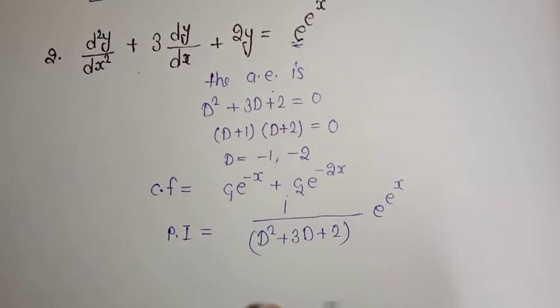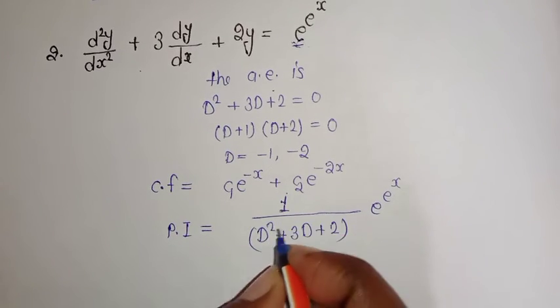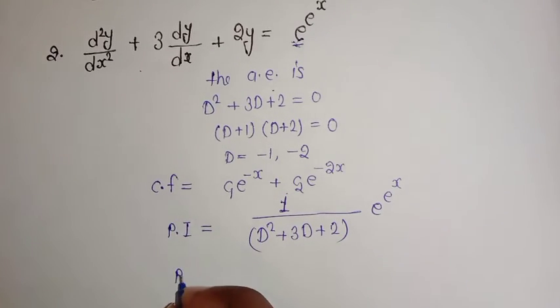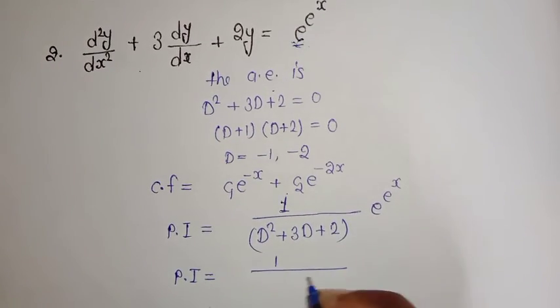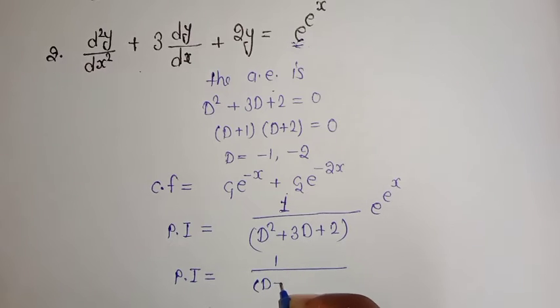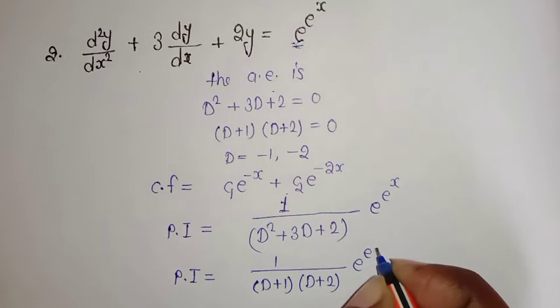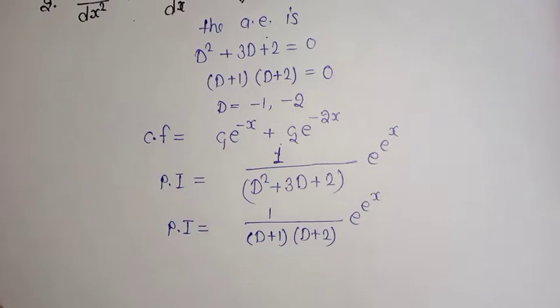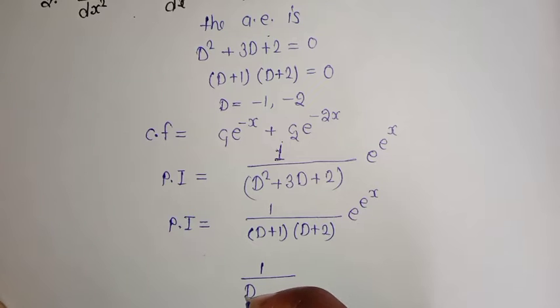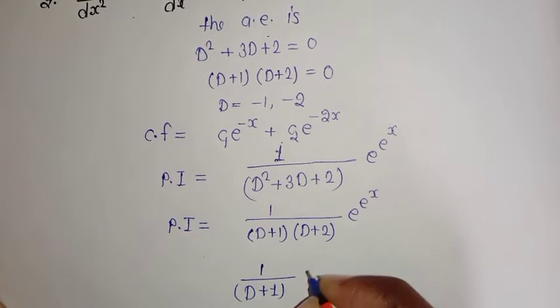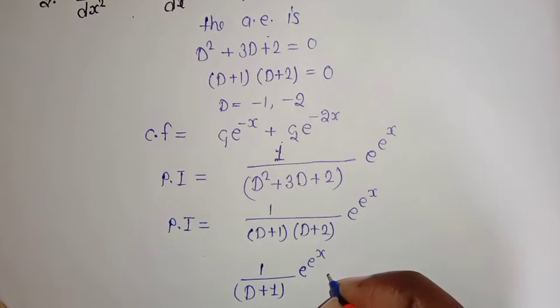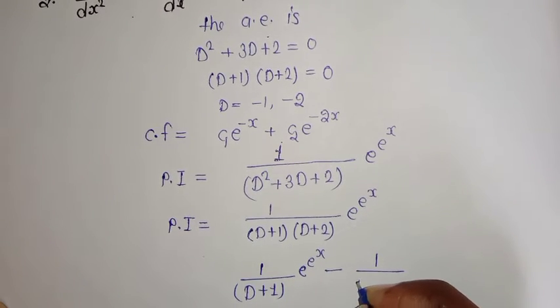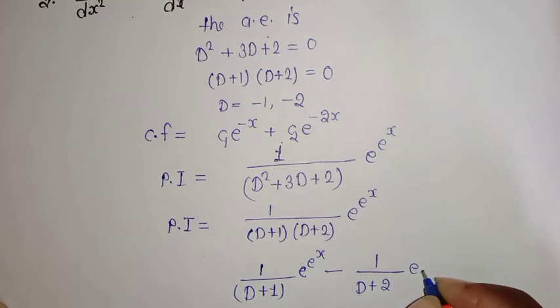I told you that firstly we have to factorize our f of D. So I am going to factorize it, so this is (D plus 1)(D plus 2) e raised to power x. Now we separate it. After separating, it becomes 1 by (D plus 1) e raised to power x minus 1 by (D plus 2) e raised to power x.